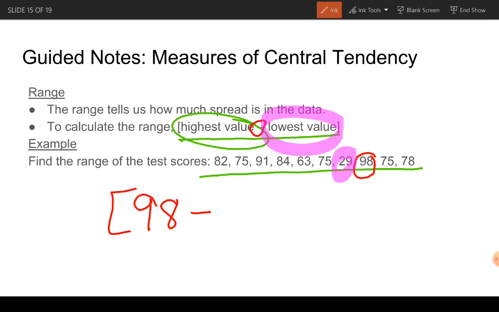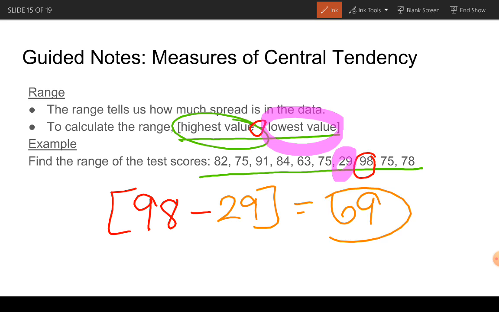So minus 29. And once we find the difference, we will have found our range. So the difference between 98 and 29 is going to be 69. So 69 is the range of the values in this data set.